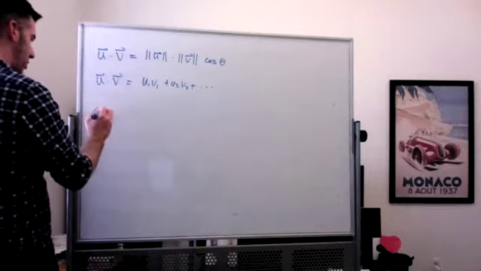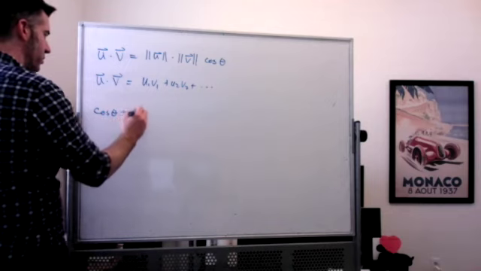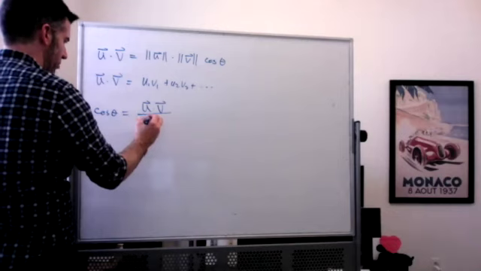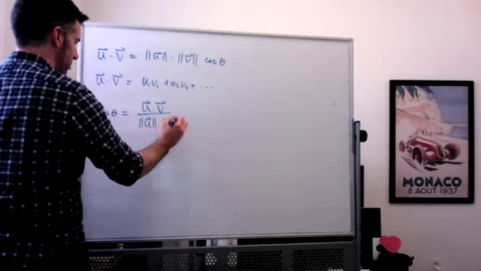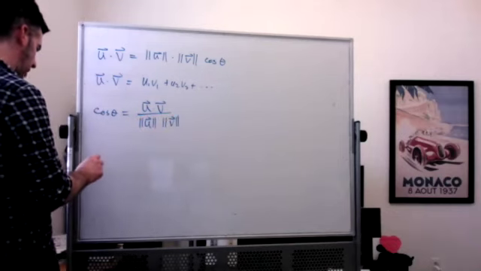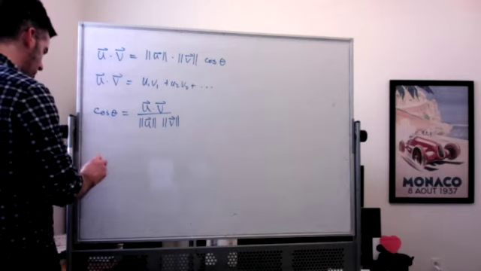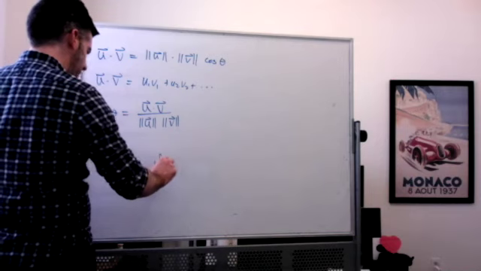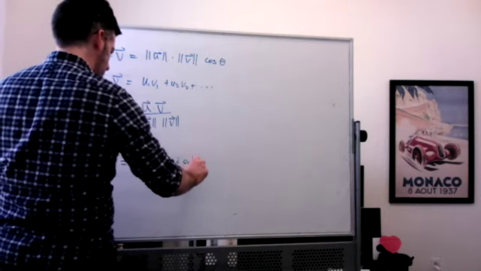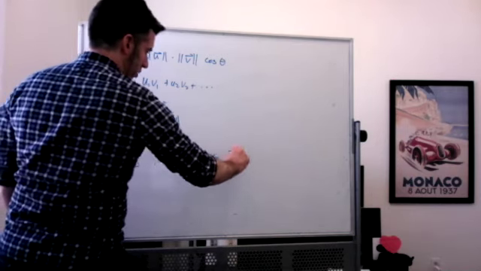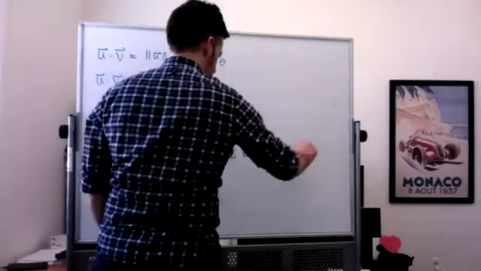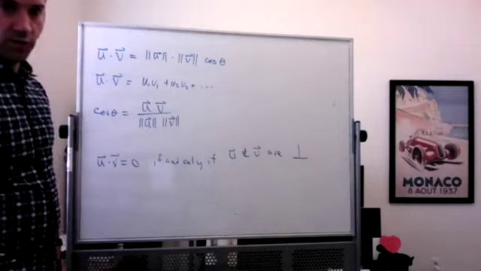And then we have that cosine theta is equal to U dot V divided by the magnitude of U times the magnitude of V. And then finally, the dot product is equal to 0 if and only if U and V are orthogonal. There's the symbol for orthogonal, or perpendicular.